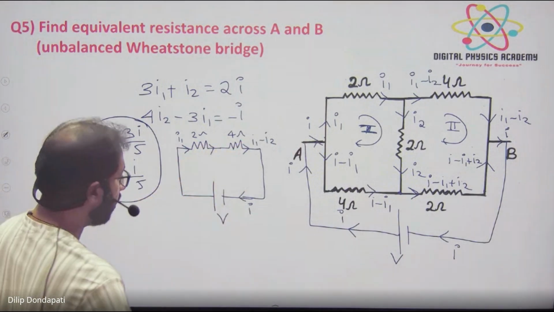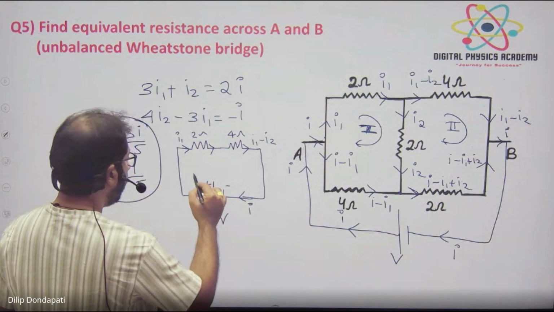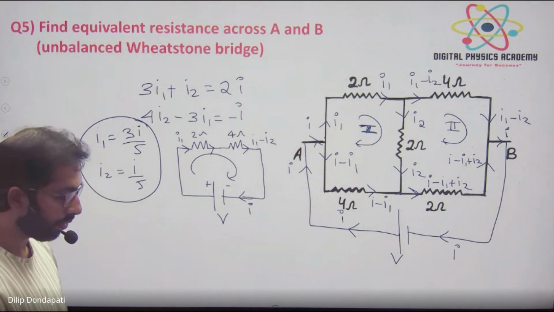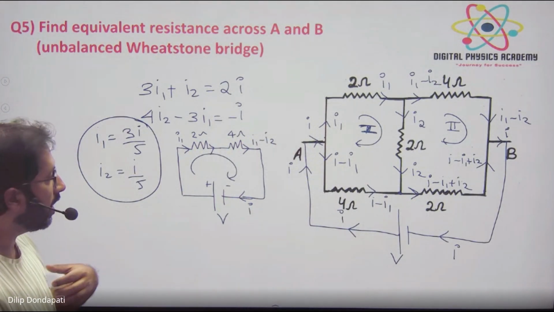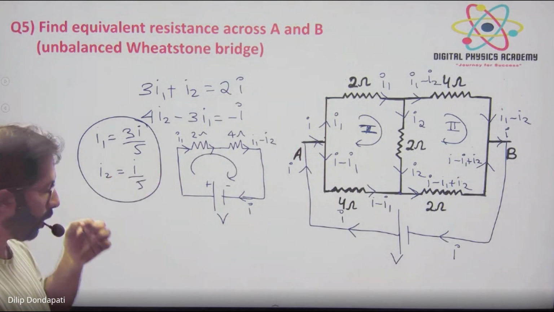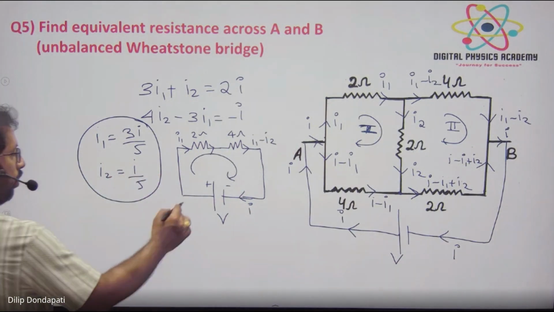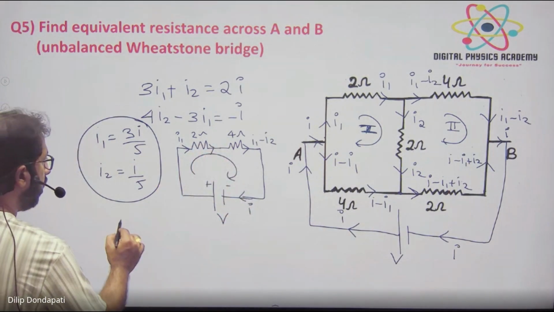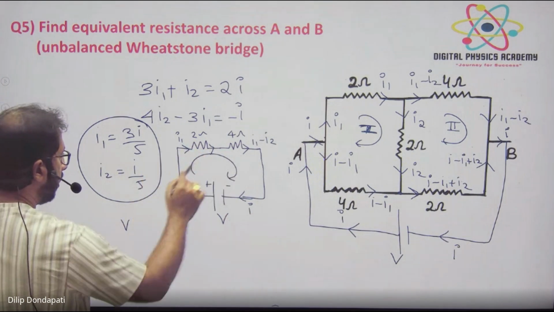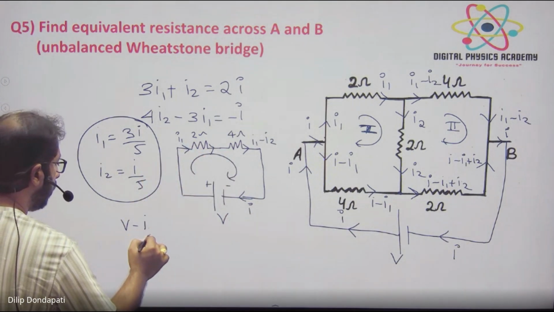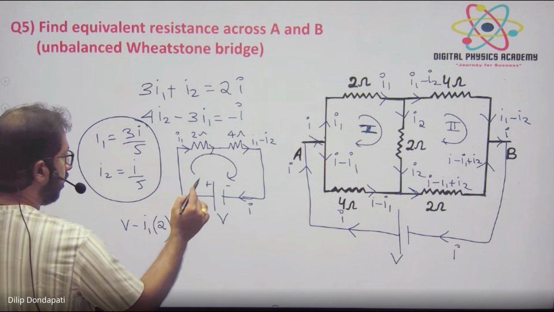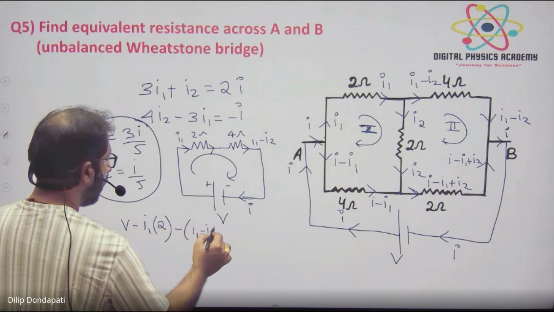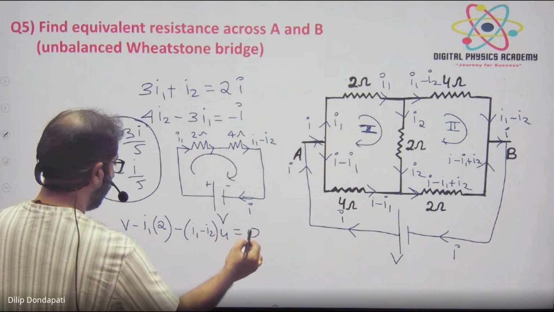Now apply KVL here for this loop and try to find V, because our interest is to calculate R equivalent. So find V in the loop. V, current and path are in the same direction: V minus I1 into 2, then minus (I1 minus I2) times 4 equals 0.